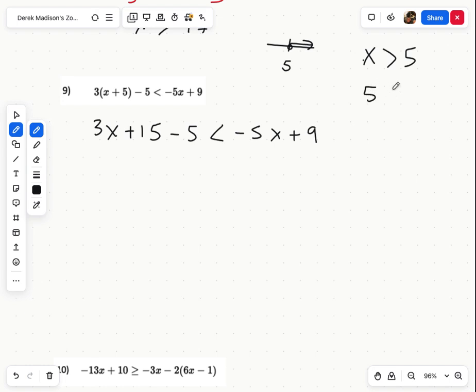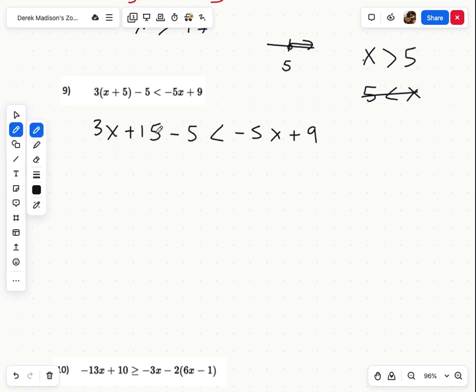Another way I can write this is 5 is less than x. Those mean the exact same thing. This still says x is bigger than 5, but when you write it in this backwards order, I think people get messed up as to which way that solution is. So that's why with these ones, I'm almost always going to bring the x over to the left-hand side, just because I think it's easier to read the solution set when I do.